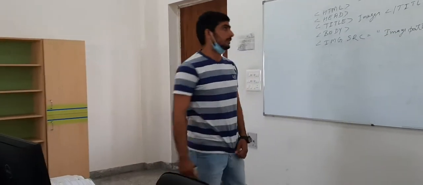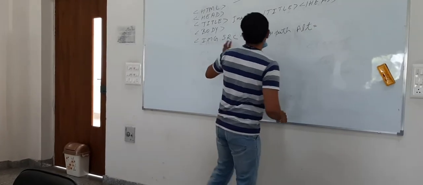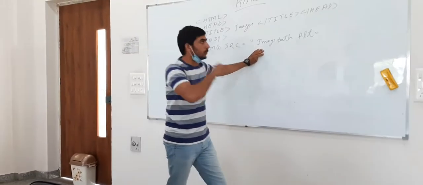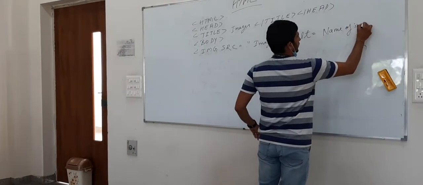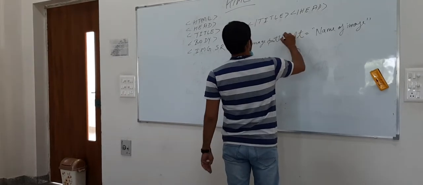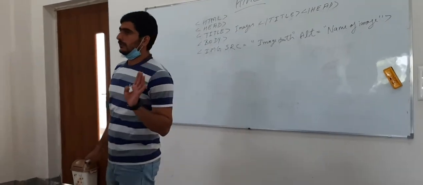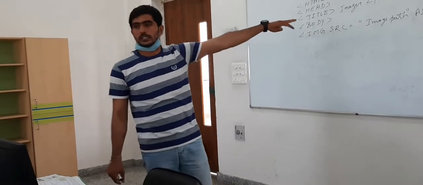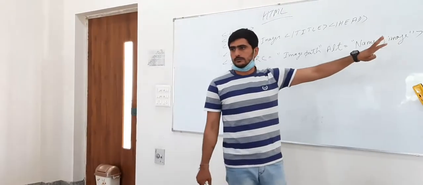Remember to always put the inverted commas, and now we can close it. Here we are using alt, the alternate, so that if the internet is not working, the name of the image we are using will be shown.